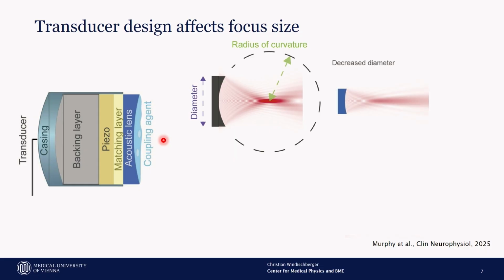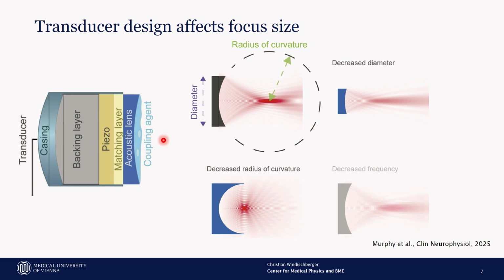Now, if we use a smaller transducer, then you can see we have less nice definition in the longitudinal direction, so in the Z direction. If we have a smaller curvature, so we have more coverage, then we can go from this more cigar-like shape into a more really spherical focus.